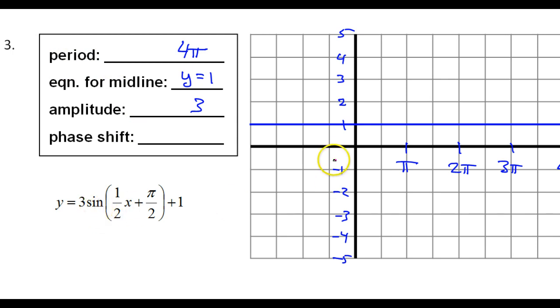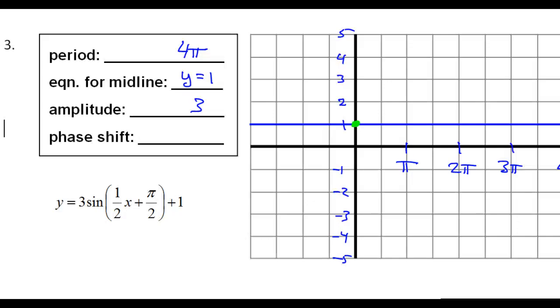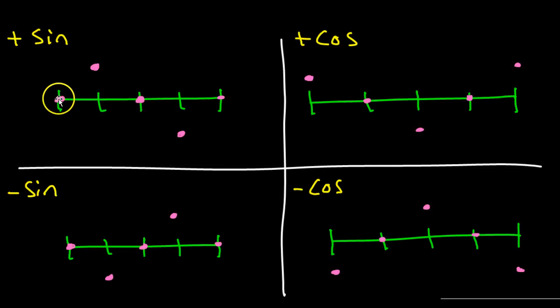This is a sine function, so the sine function is going to start on the midline, as we've seen. Because the leading coefficient is positive, I know the sine function is going to go up first and then down.